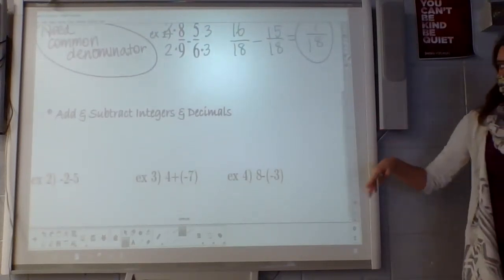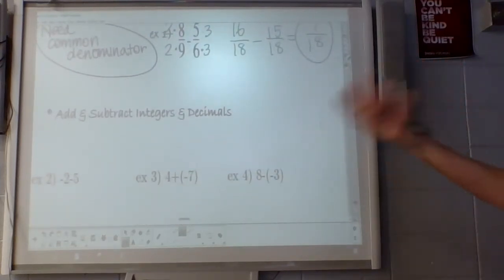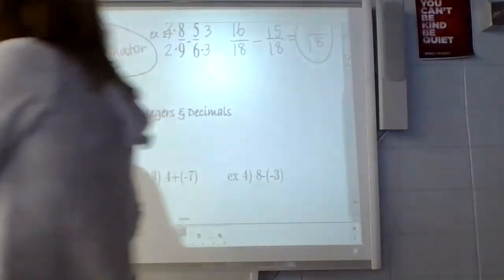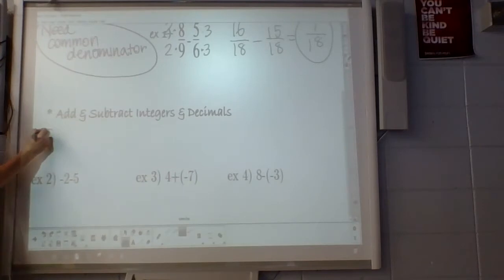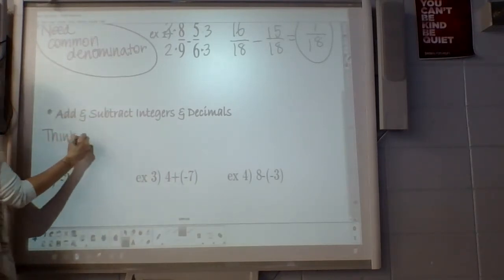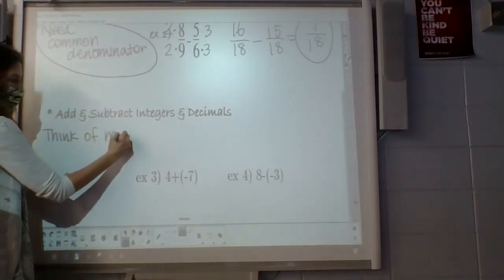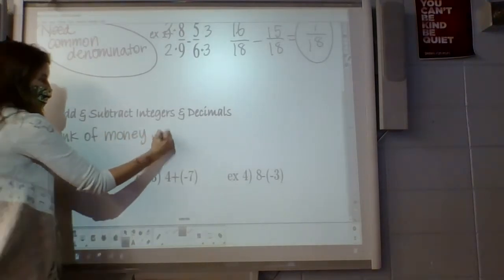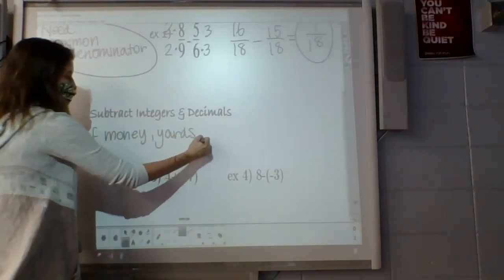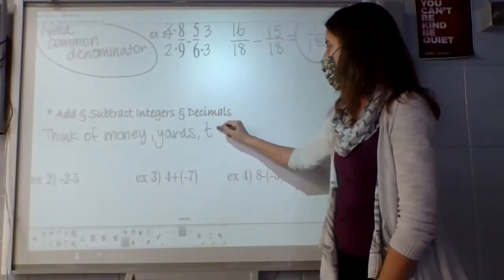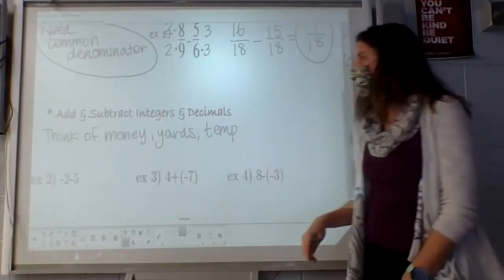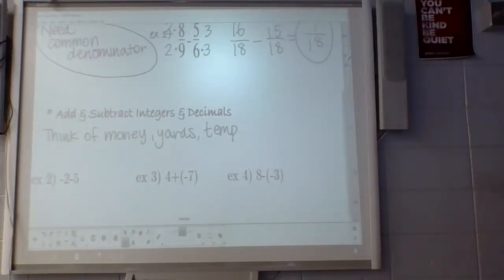All right, so adding and subtracting integers and decimals, working with positive and negative numbers. These are the ones where, again, I want you to be able to do this not entirely with a calculator, that you kind of think about it. This is where I tell you to think about it as money, or yards in a football field, or temperature. That helps you think about what's really happening here.